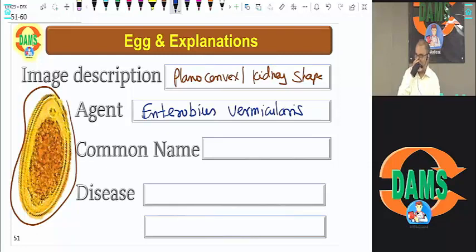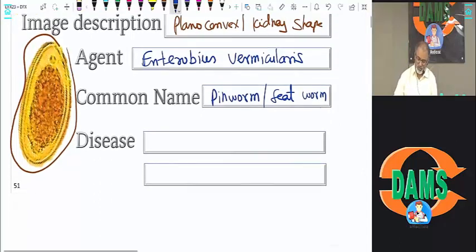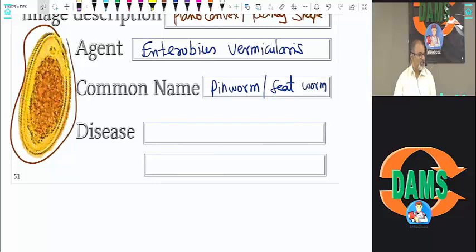Enterobius vermicularis. Common name? Pinworm. Any other common name? Very good. Seatworm. Common name pinworm, it's a very common name. Sometimes we learn seatworm. What does it cause? Excellent. Apart from that, the child scratches the anus and keeps the finger in the mouth. Auto infection. Yes, auto infection. Remember, A.